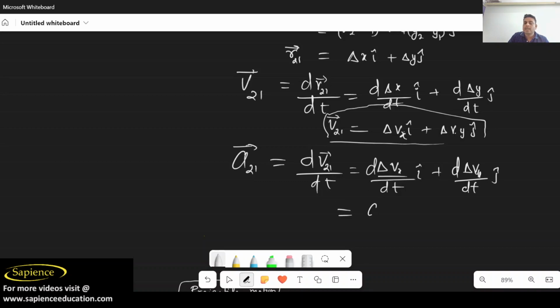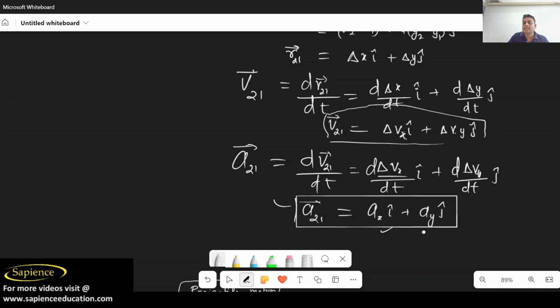So here we can write acceleration in x direction i cap plus acceleration in y direction j cap as acceleration a21. So we can find the acceleration if we have a component of x as well as y.